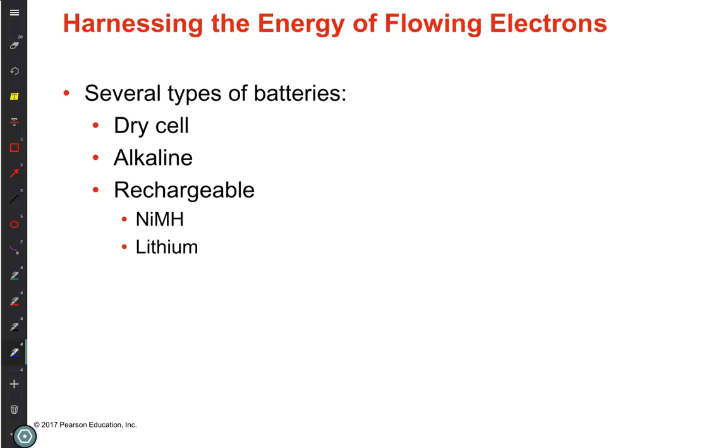Moving forward, rechargeable batteries are not the same as other batteries. What makes a battery rechargeable is that if you force current to go the wrong direction, it will actually reverse the chemical reaction, make it work the opposite direction.